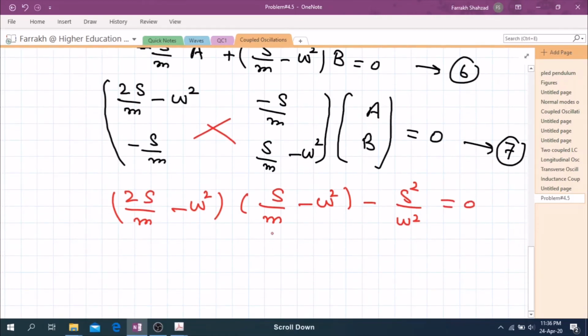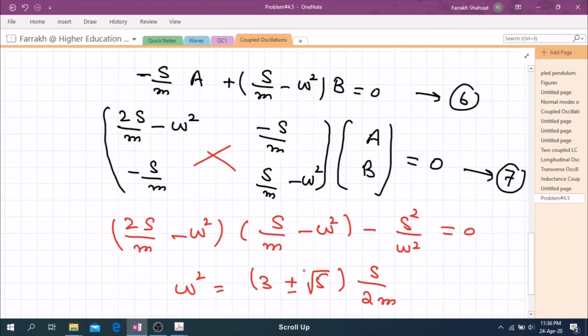If I solve this equation, I will get the value of ω² = (3 ± √5) S / 2m. So that was the result which was required.